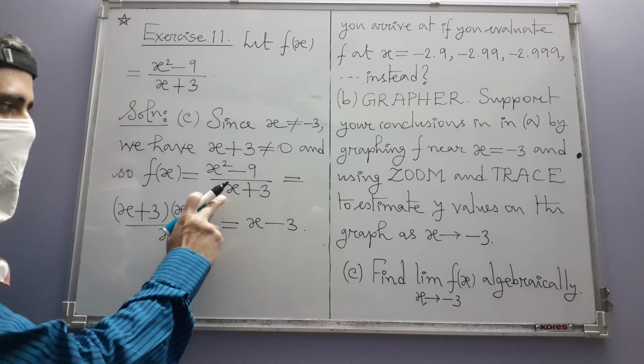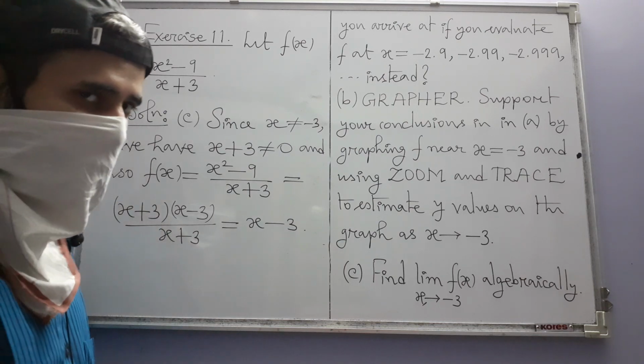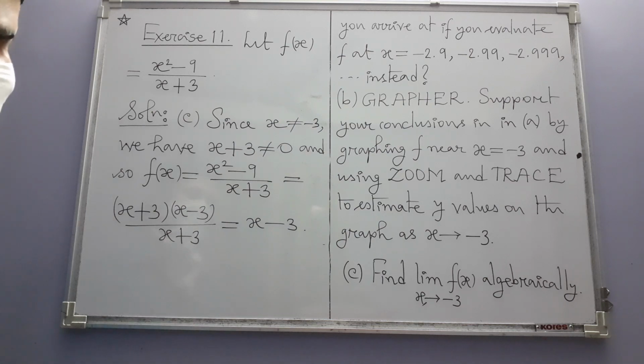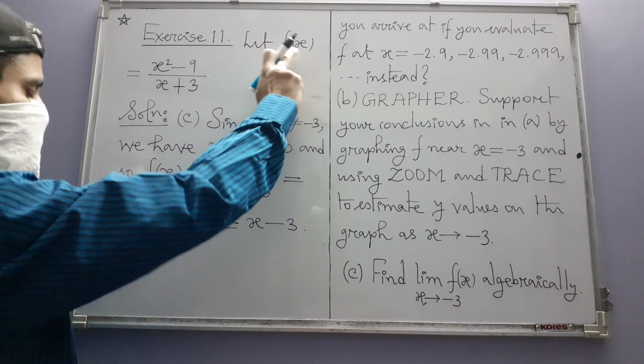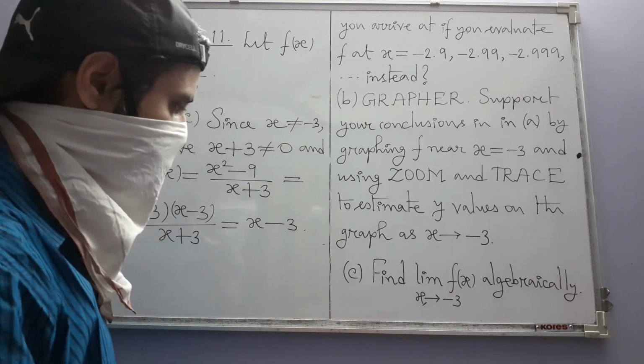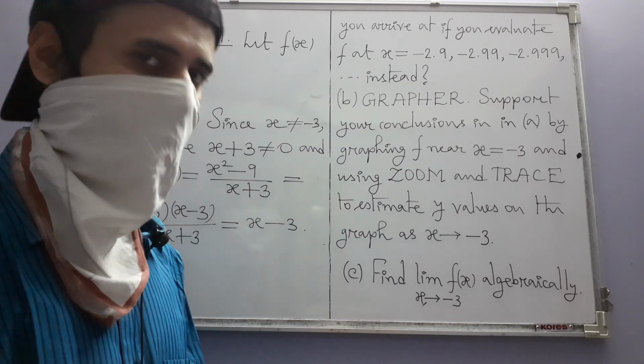That is because x plus 3 is non-zero, so you can cancel these two things and have x minus 3. So really the function is just f of x equal to x minus 3, and the domain is the set of all real numbers except minus 3.